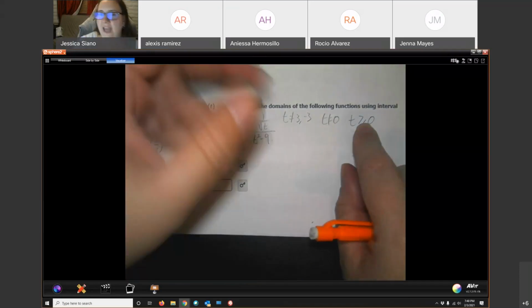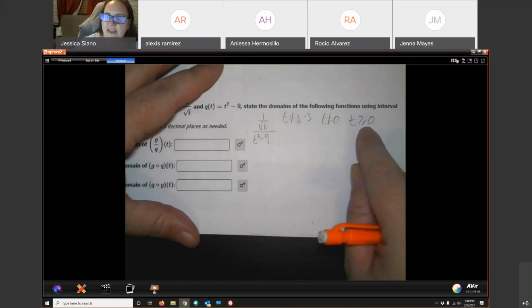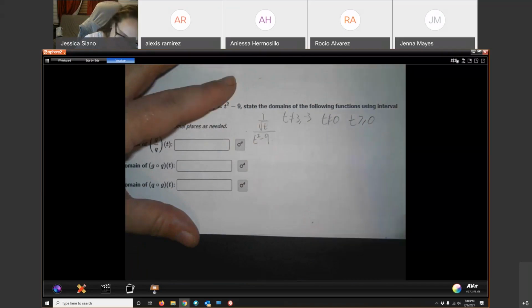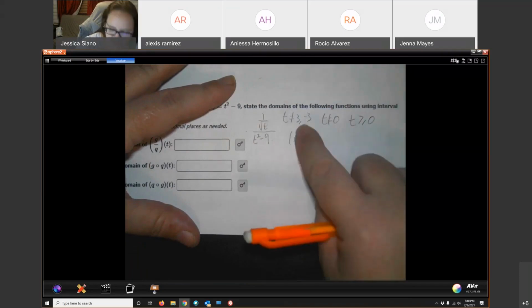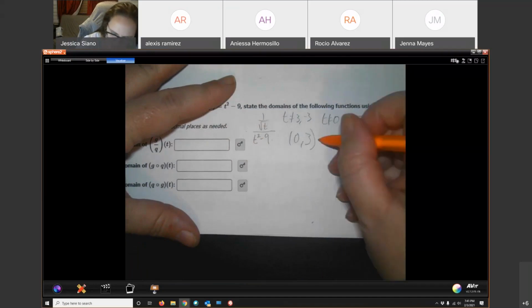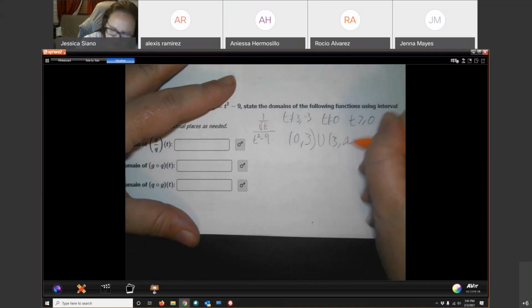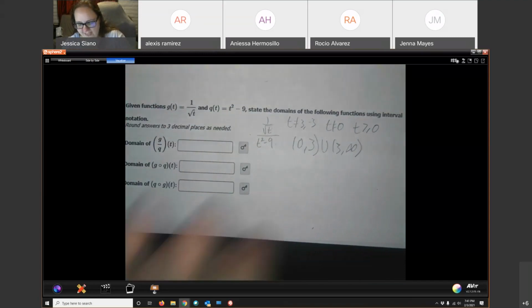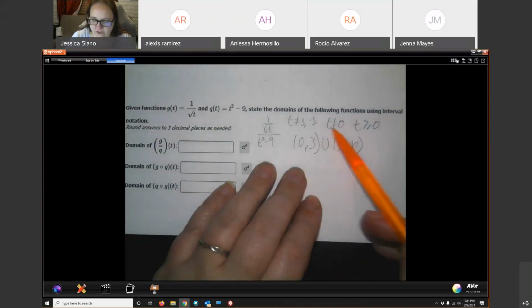Then it is greater than 0, because this says equal to, but this says not equal to. So I'm going to say not equal to. So greater than 0, but it can't be 3. So not 3, or any number greater than 3. And this satisfies all of these conditions.